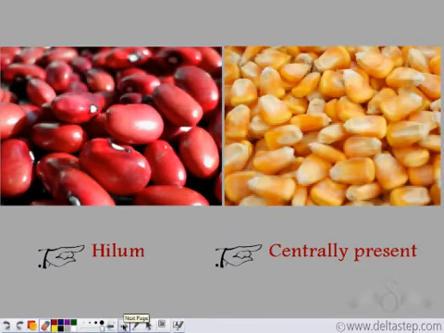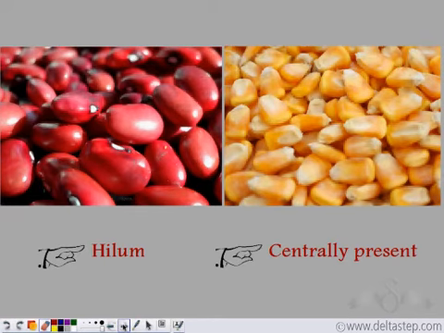Now, how would you determine the location of the embryo within the seed? These are bean seeds, these are corn. Now notice this white curved structure. This is known as the hilum, and it is the embryo marker of the bean.